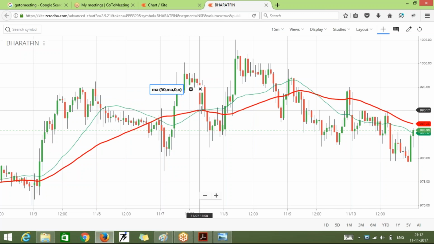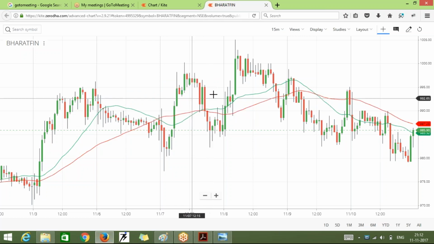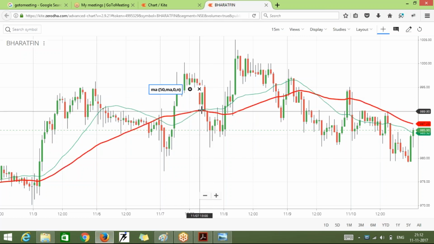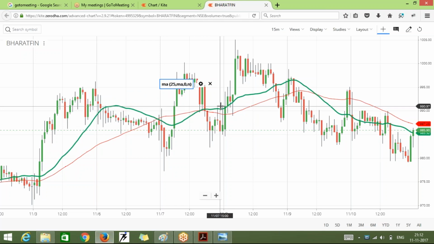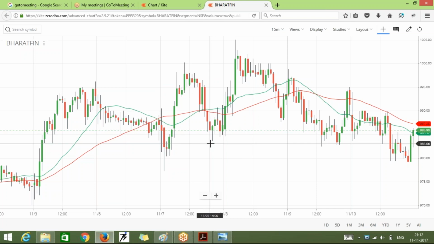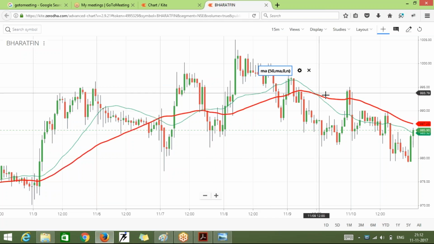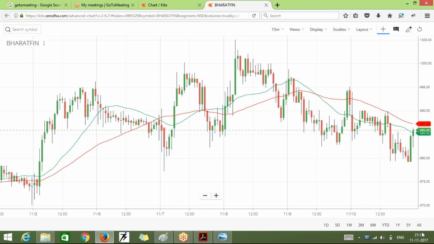At this point of time, see how this is not working here. There is a crossover. It went up, but after the trade you might have taken, it fell to this level. So this is where the problem arises. Here also it worked nicely. This is the way it's being done.